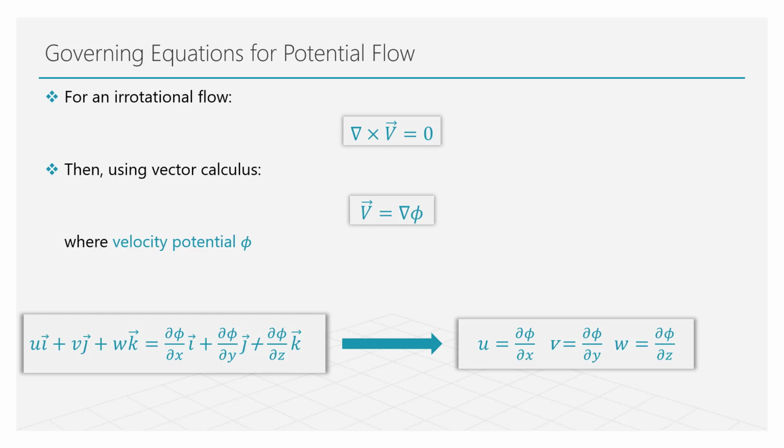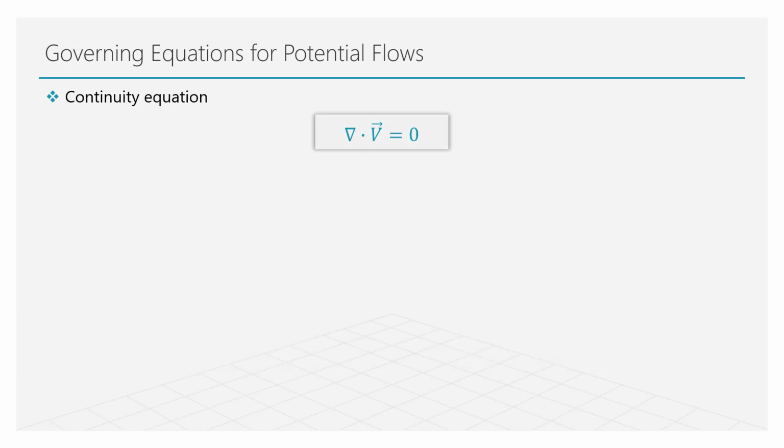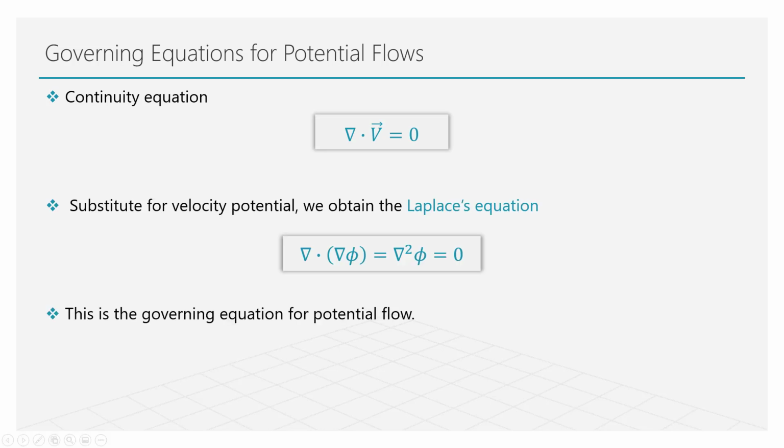If we now plug in this identity into the continuity equation, we arrive at the famous Laplace equation. Before the advent of complicated numerical algorithms that can directly solve the original Navier-Stokes equations, the Laplace equation was the one which was used to find the solution for simple fluid flows.